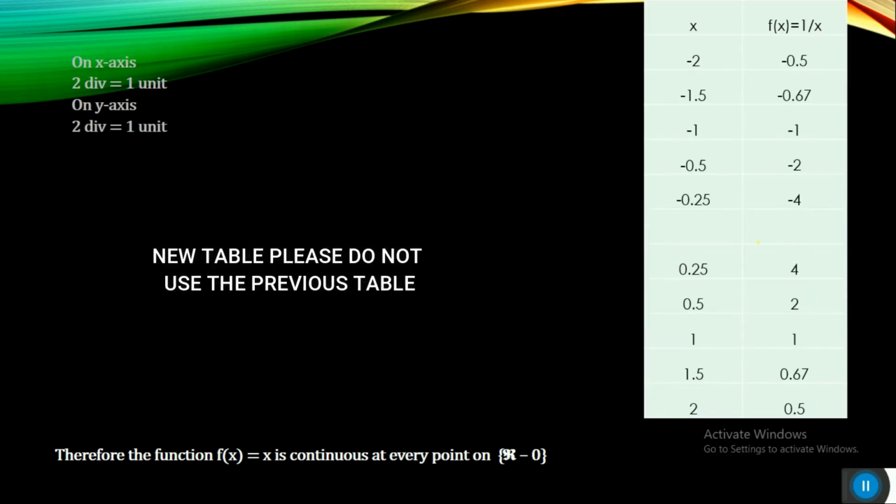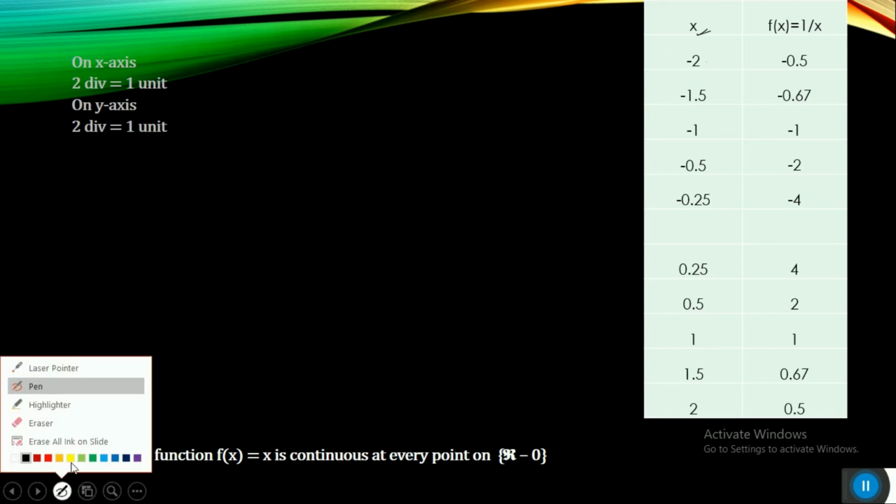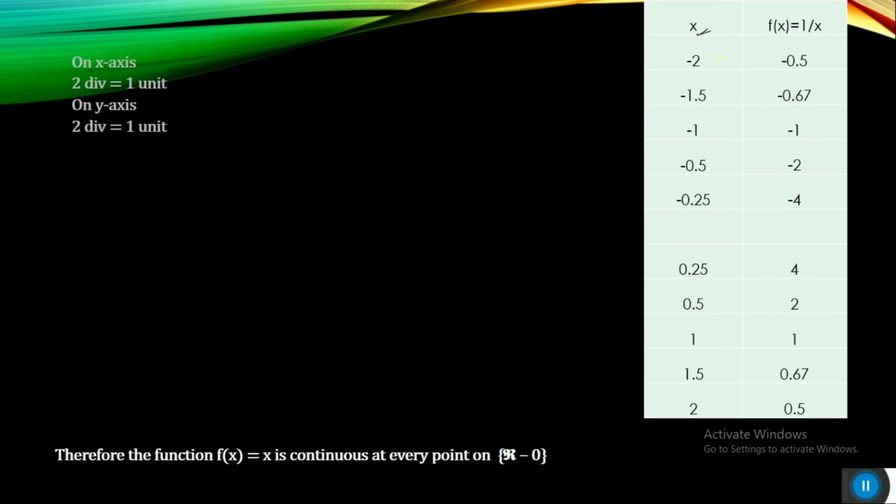So see these points which I have taken. I took x values, and what is our f(x)? f(x) is 1 by x. So if you put -2 in this function, f(x) equals 1 by x. If you put -2 there, it will be 1 by -2, so it will be -0.5.